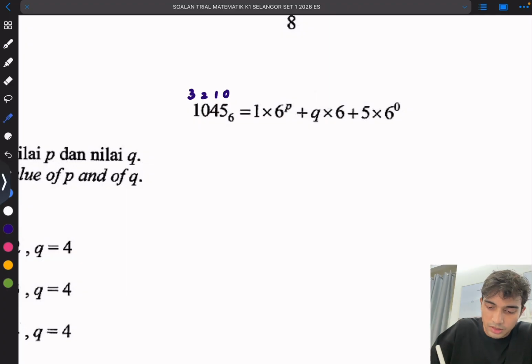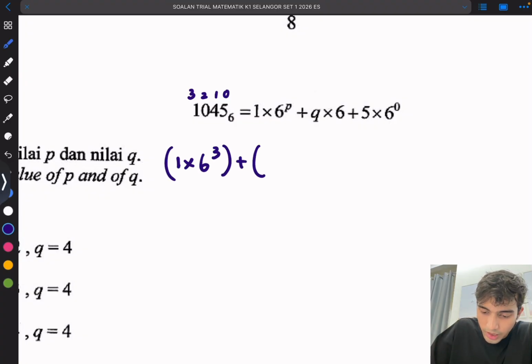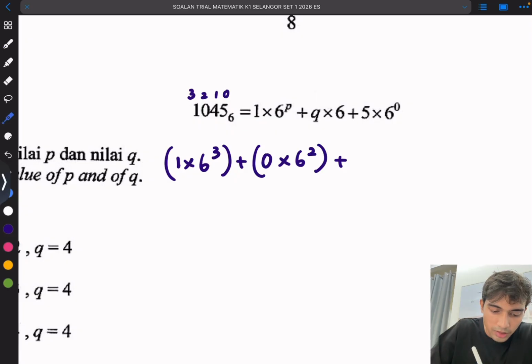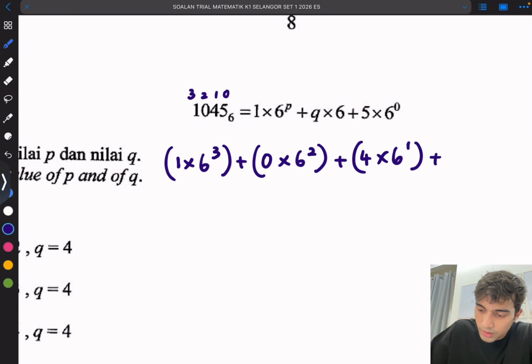So we write lah 1 times 6 power 3, plus 0 times 6 power 2, plus 4 times 6 power 1, plus 5 times 6 power 0.